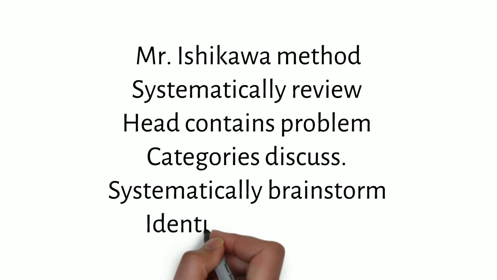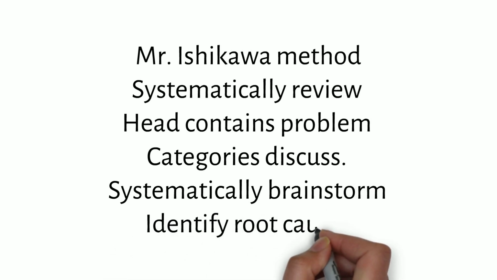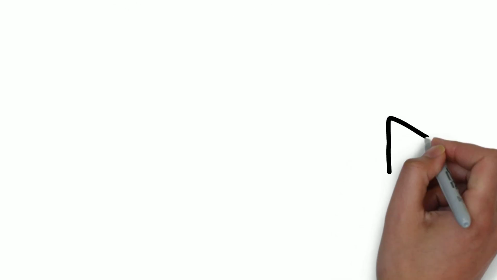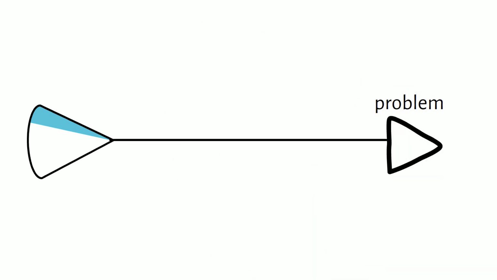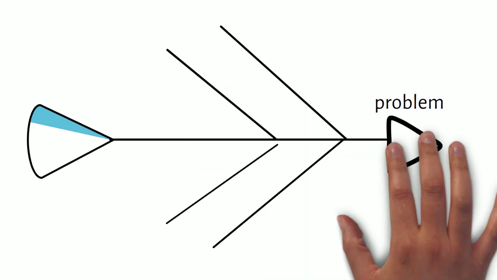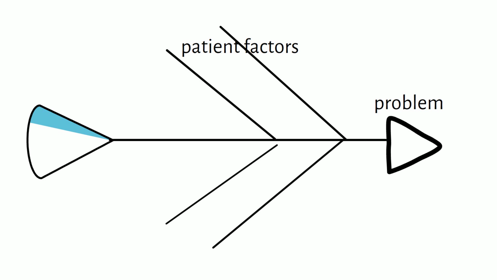In this method, we will have similar categories and identify the weakness of each area. In healthcare, we can use the same categories as in the tabular method. We can systematically brainstorm each category to identify problems and then to identify the root cause.